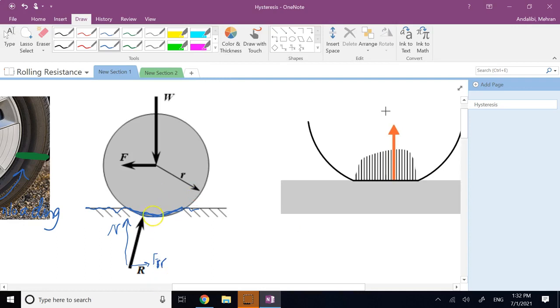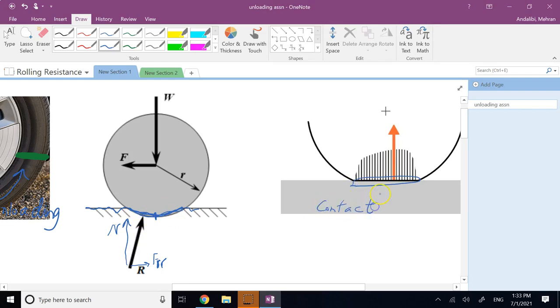Okay? And so the real life dynamics of a tire is more than the contact being one single point. No. The matter of fact is the contact between the tire and the road happens in more than a single point. It actually happens over an area which we call the contact patch.